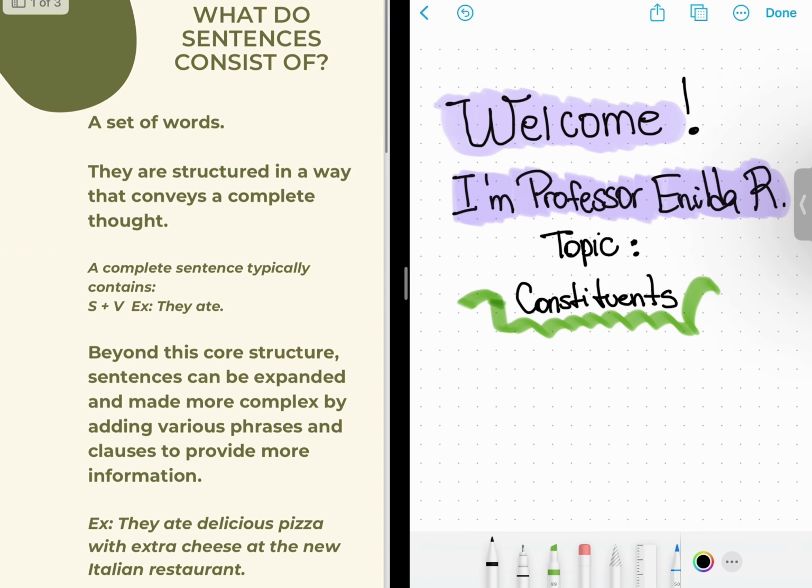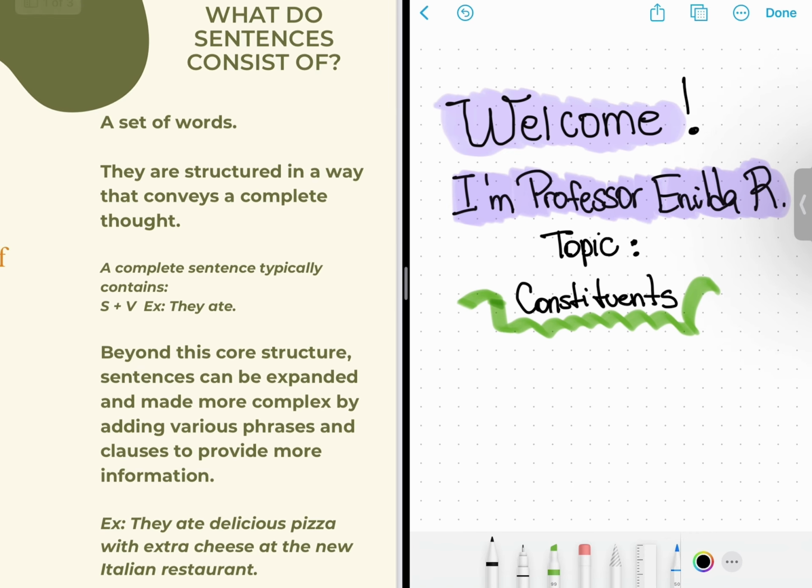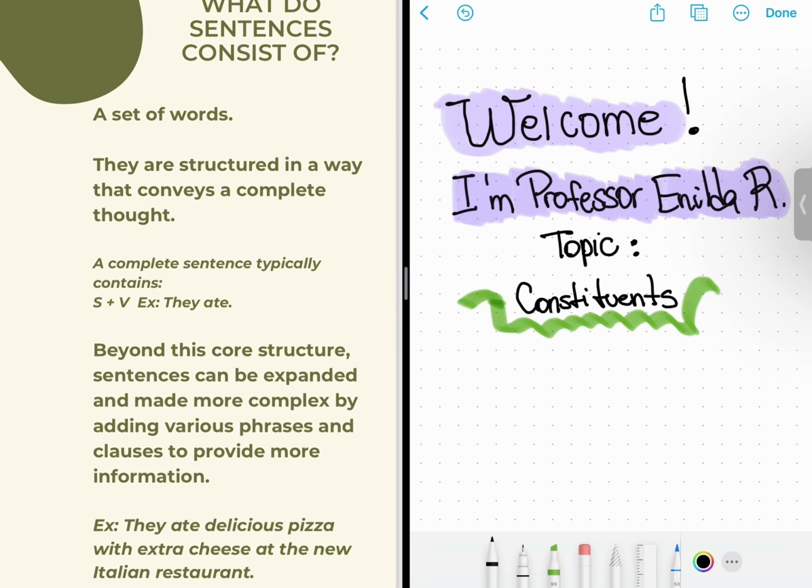But before we go to that specific concept, I need you to be clear on what sentences consist of. Probably you can tell me, Professor, of course, sentences consist of the structure subject plus verb plus object. And you're right.